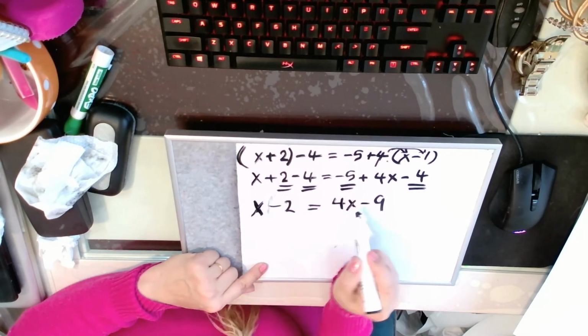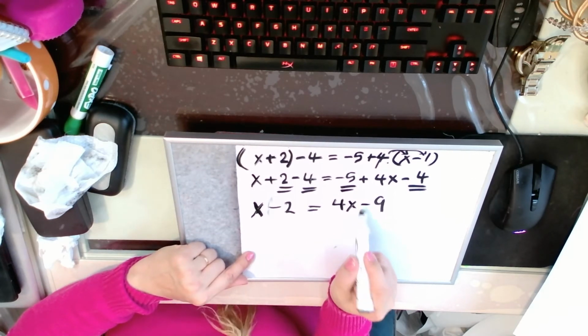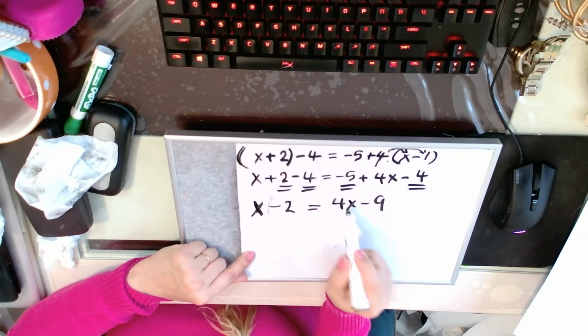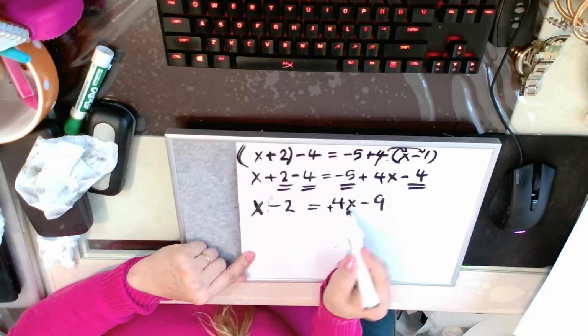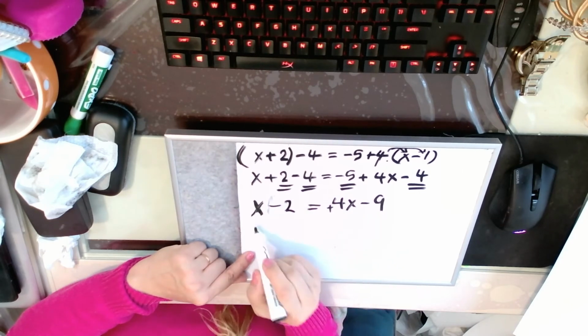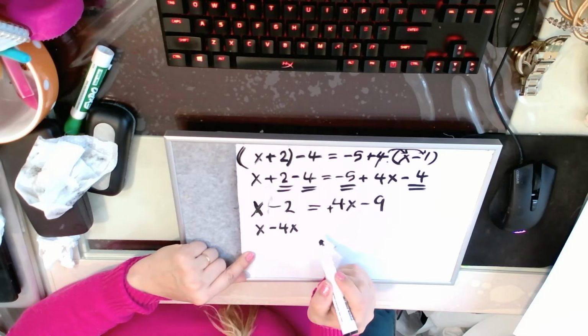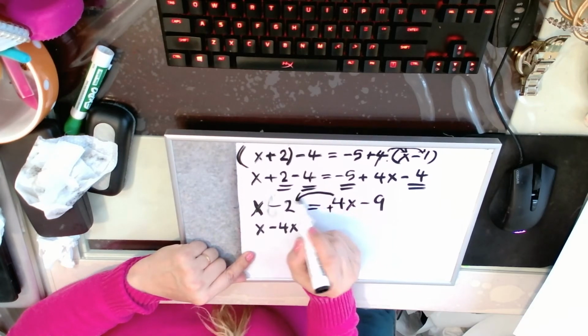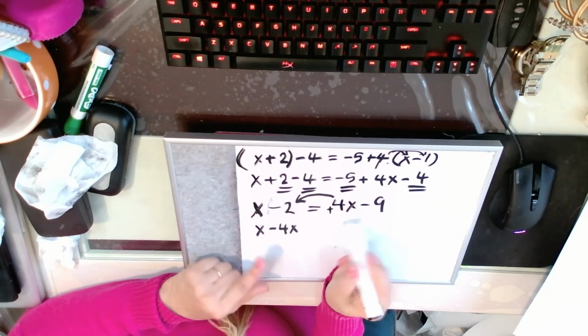Now we need the value of x, right? So we have here x, we have here 4x. Of course we're going to move this one to the other side, just change its sign, so it's going to be x minus 4x. Just move it to the other side. This is the easy way. I love this way.